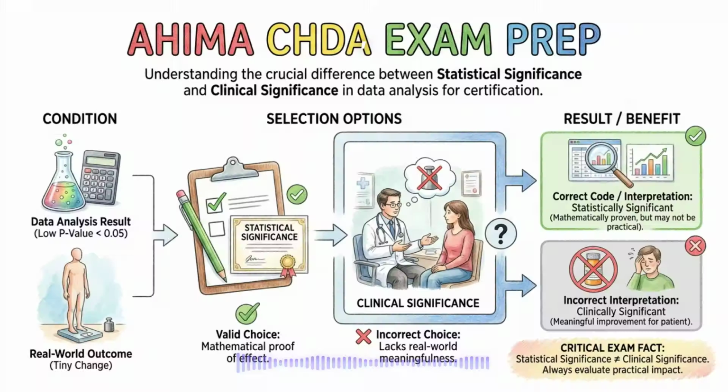When a result has a p-value lower than 0.05, we officially declare that result to be statistically significant. However, a major trap on the certification exam is failing to realize that statistical significance does not always equal clinical significance.